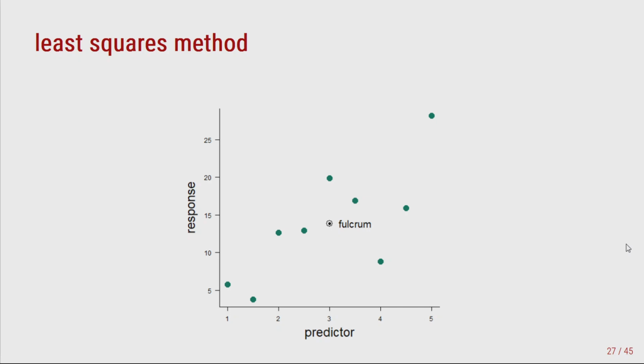This is the mean of the predictor variable and the mean of the response variable. And from that point, we will create different curves, all the possible curves that cross this point, and we will evaluate how far the curve is from the data. The curve that is closest to the data is the curve that we will stick to.